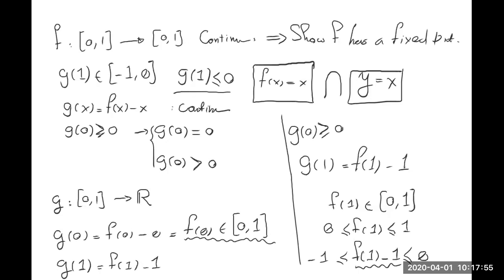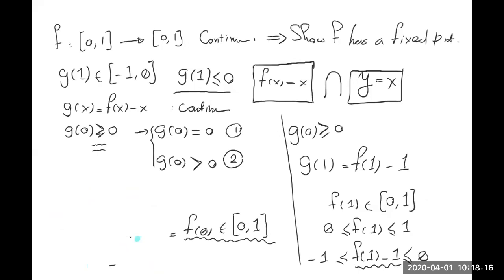When we say something is greater or equal than 0, one case that might happen is that it is equal to 0. The other case is that it's positive. I want to say in both of these two cases, we can prove our theorem.